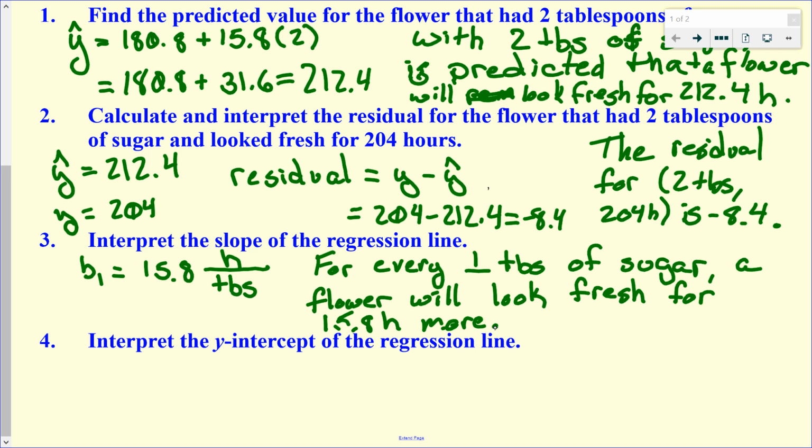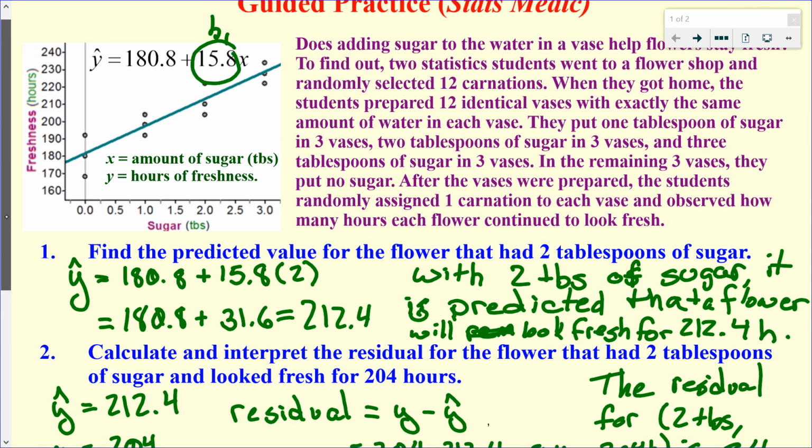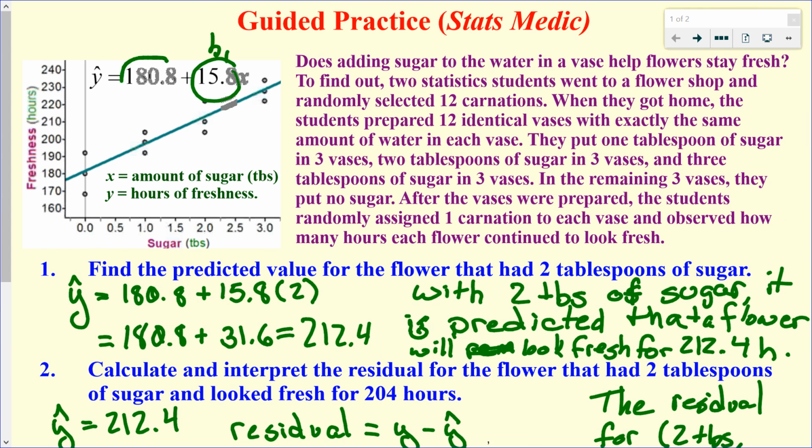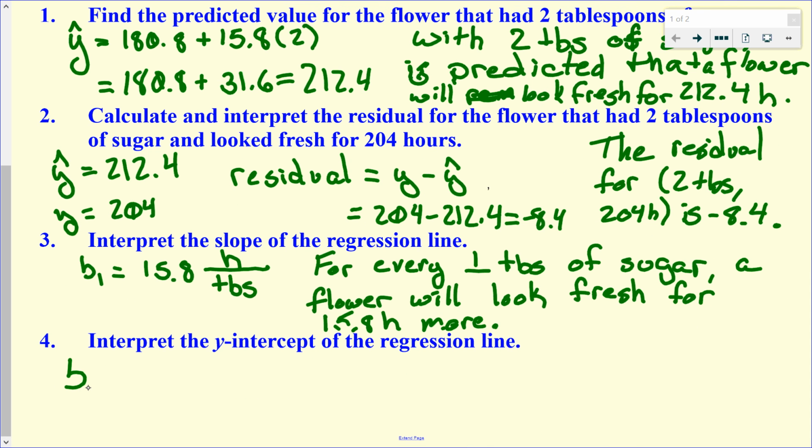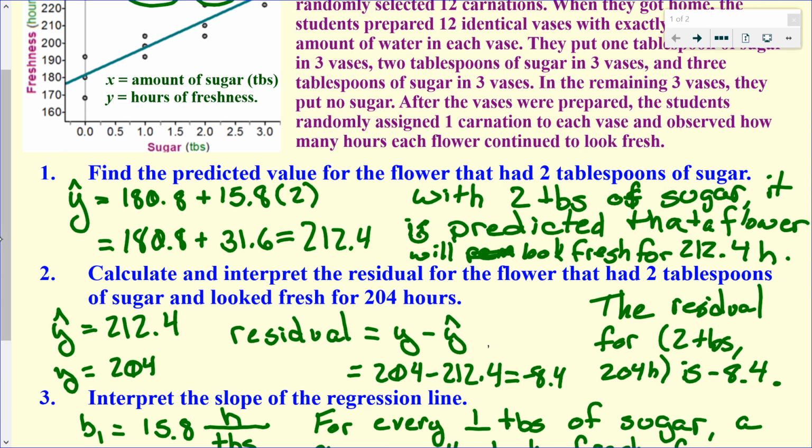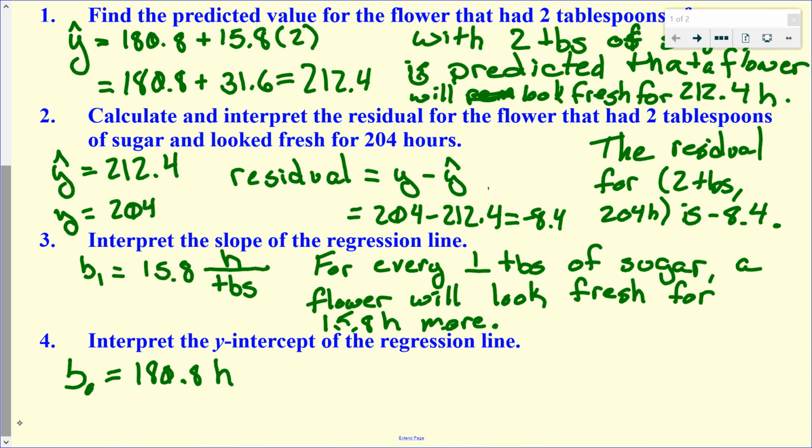Now, to look for the y-intercept of the regression line, again, we're going back to our equation. So our y-intercept is the 180.8. This is our B naught. So we come down here. So we know that our B naught is 180.8. And B naught is in the units of y, hours. So this is 180.8 hours. So this is telling us that with 0, because it's the initial value, it's when the x is going to be 0.